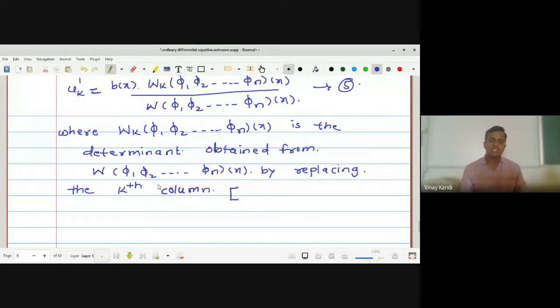In this determinant, the kth column will be phi k of x, phi k dash of x, up to so on phi k raised to n minus 1 of x, transpose. This is your column vector.